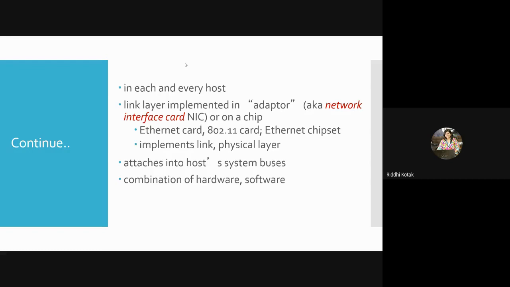It is attached to the host system's bus. Like in COA, you are learning about the types of buses: address bus, data bus, and control bus. At that place, this card is available. And as I told you, the data link layer provides services of both hardware as well as software. So just note down this point also.